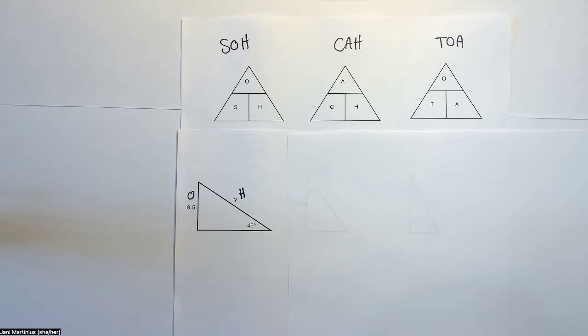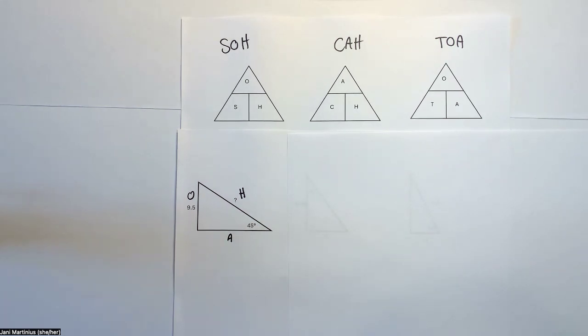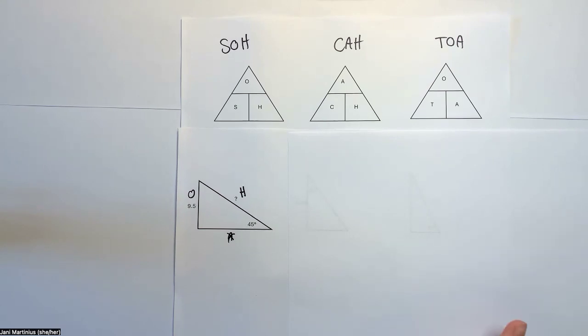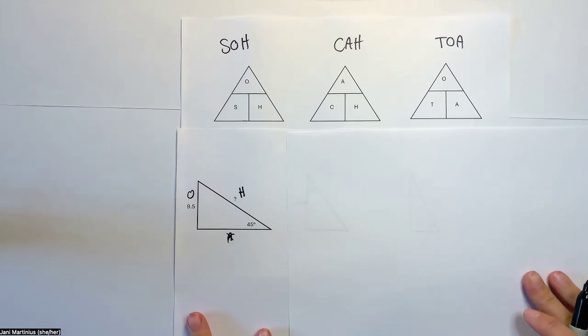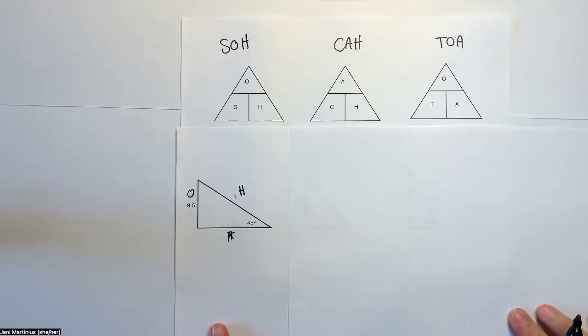Of course, when we're figuring things out, it is helpful to write in what we also don't maybe need, just as we're trying to figure it out. So this is the adjacent side, but it doesn't have anything to do with what we're doing, so I'm just going to cross it out so I don't confuse myself. There's always so much going on in math that it's easy to get overwhelmed.